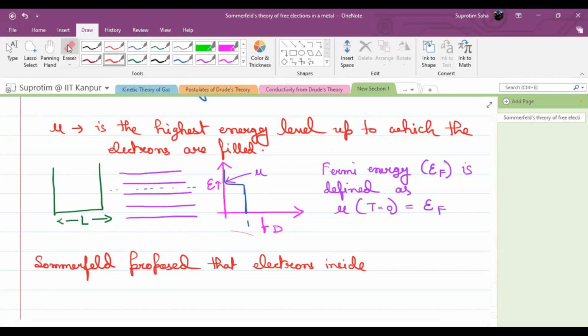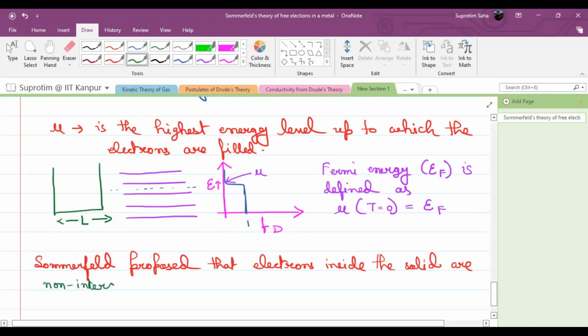Sommerfeld proposed that electrons inside the solid are non-interacting among themselves, and also non-interacting with the ions in the solid.